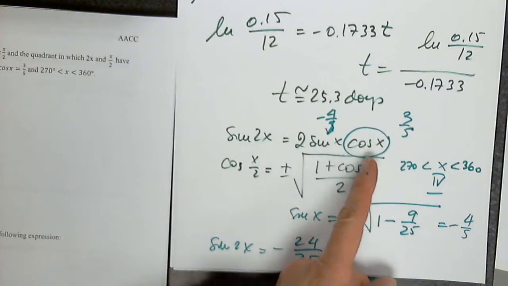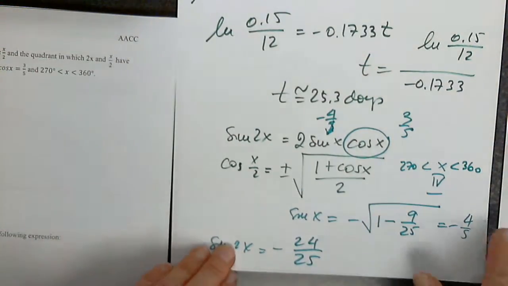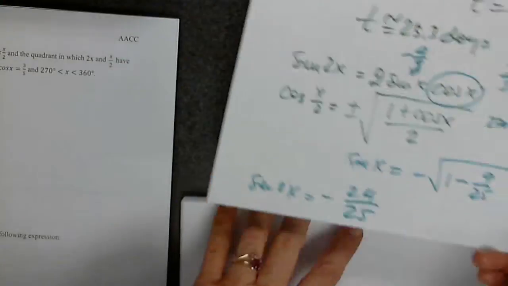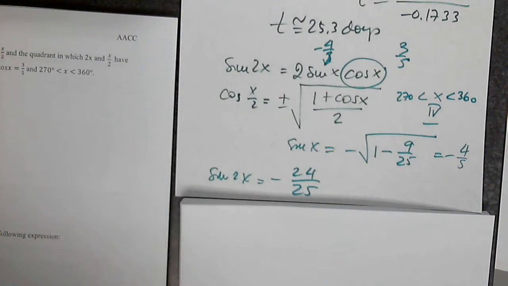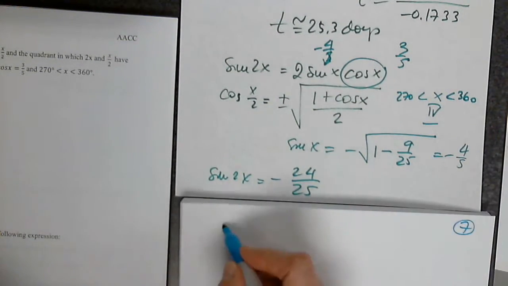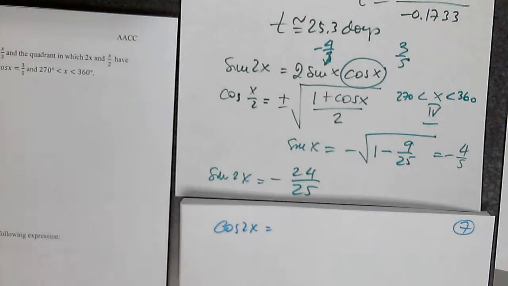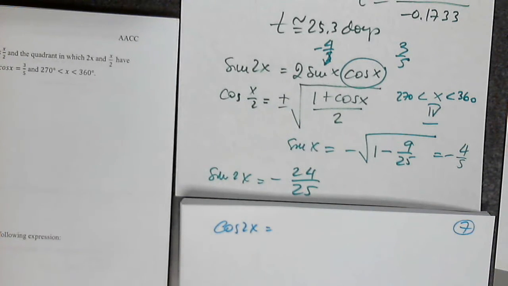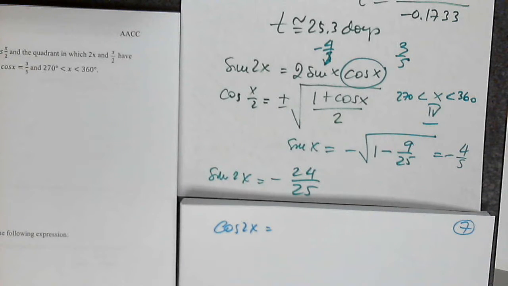But since I'm given cosine, when I determine cosine 2x, which of those 3 formulas will I use? I want to find cosine 2x, only because I need to state the quadrant for 2x. I'm given cosine. We have 3 formulas for cosine of the double angle.